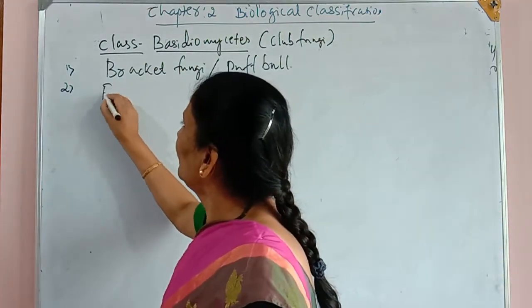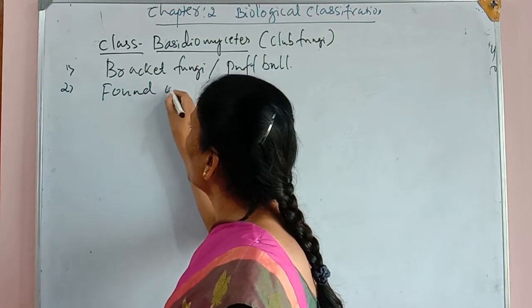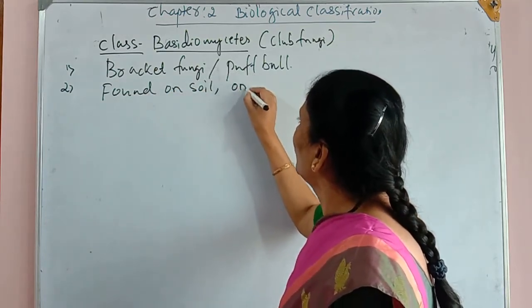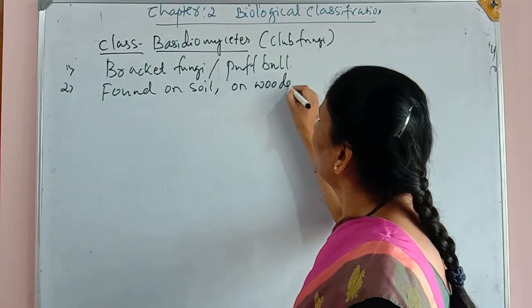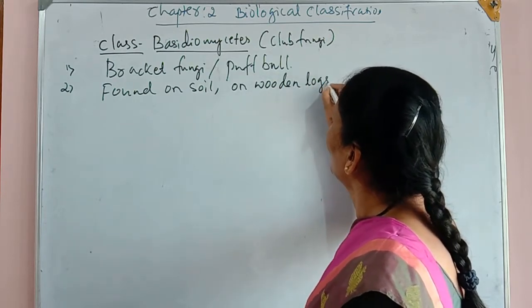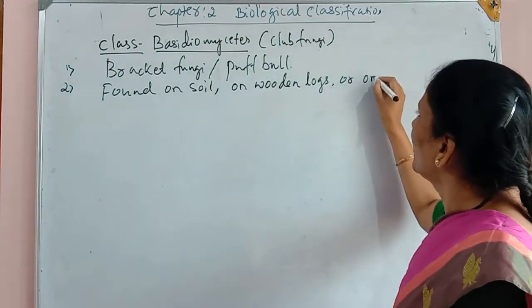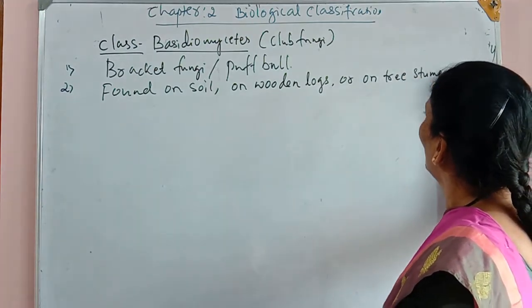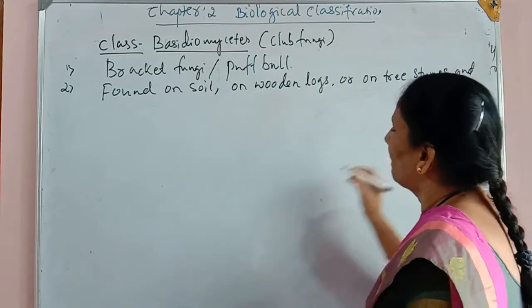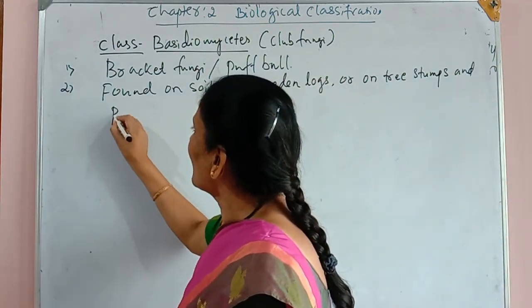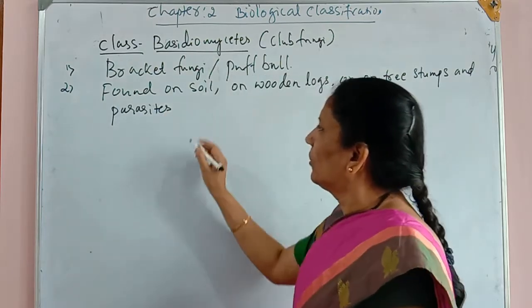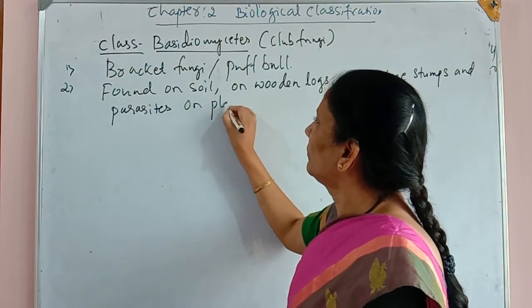They are found on soil, on wooden logs, or on tree stumps, and also as parasites on plants.